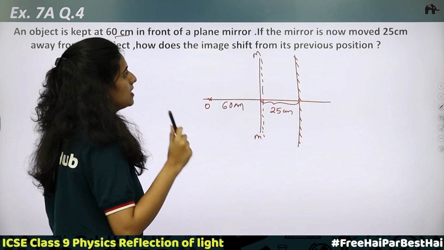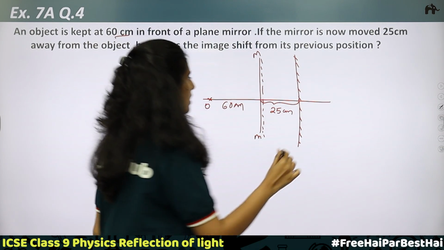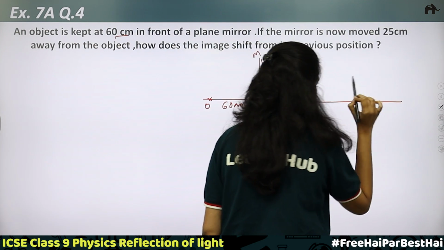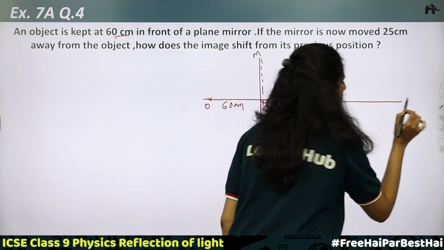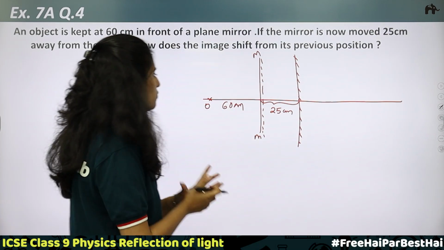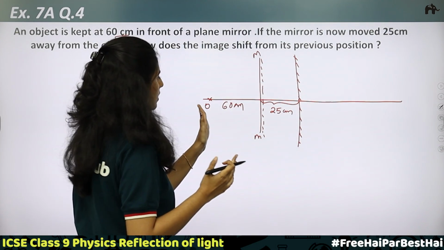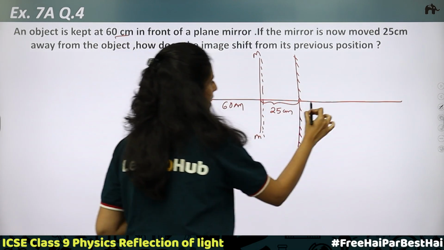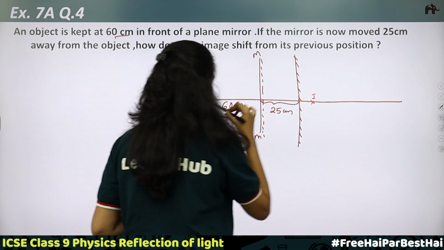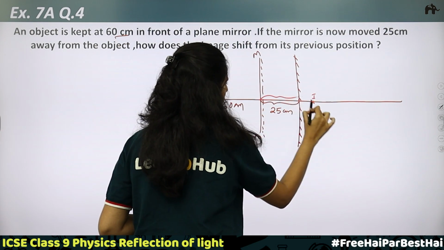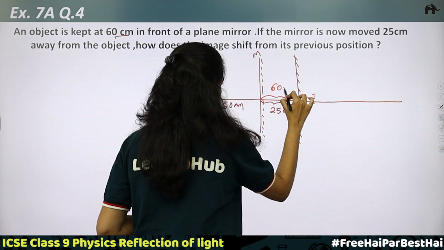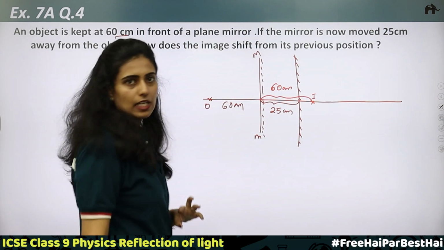How does the image shift from its previous position? Initially, where is the image formed? Here we have the mirror, here we have the object, then the image will be formed somewhere here, which is again at a distance of 60 centimeter from the mirror.